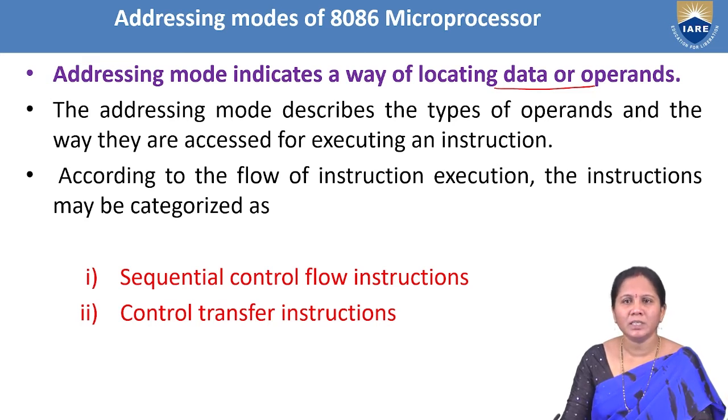We will discuss in detail what is meant by sequential control flow and what is meant by control transfer instructions. We will also see which addressing modes come under sequential control flow instructions and which come under control transfer instructions.